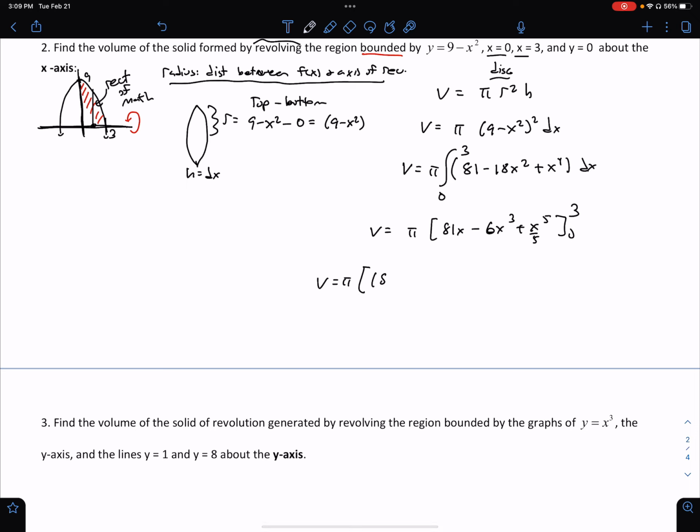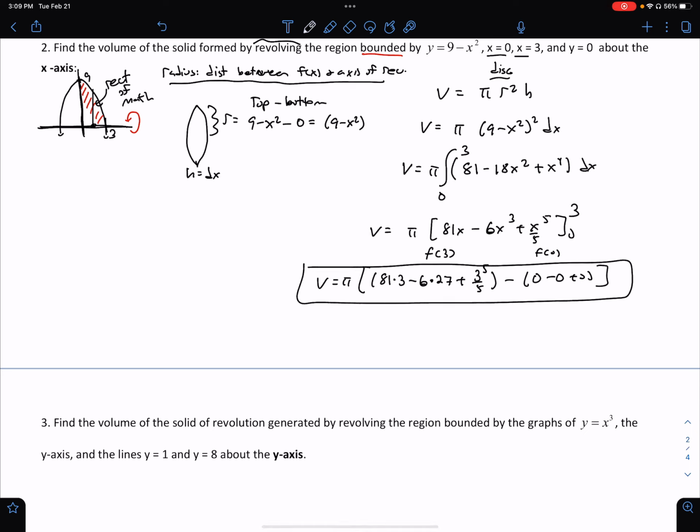Doing the first one, 81 times 3 minus 6 times 27 plus 3 to the fifth over 5, minus, plug in your 0, remember this is just f of 3 minus f of 0, which is neat, 0 minus 0 plus 0. And honestly, leave it alone. Do not simplify it. Just leave it like that. It'll take you longer to simplify that than to do all the other work.